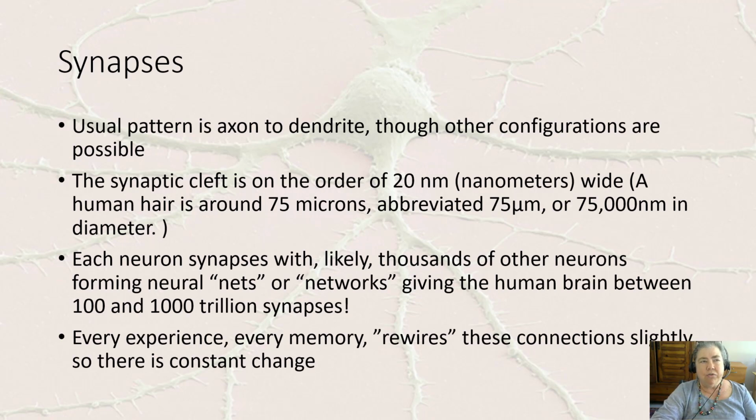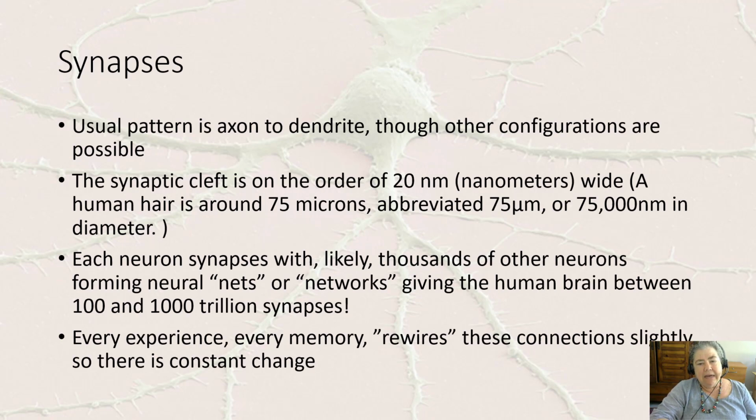As I mentioned earlier, the human nervous system is the most complex system known to man, and we don't fully understand it. But each neuron synapses with hundreds to thousands of other neurons in the central nervous system. And this creates something that has become known as neural nets or networks.